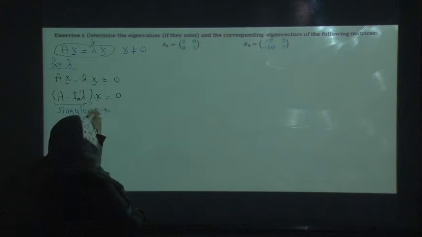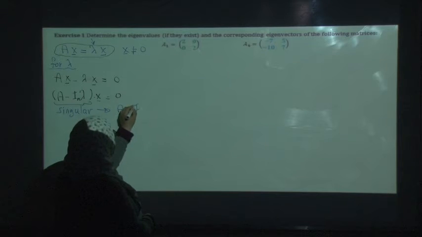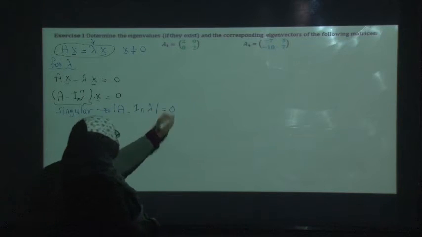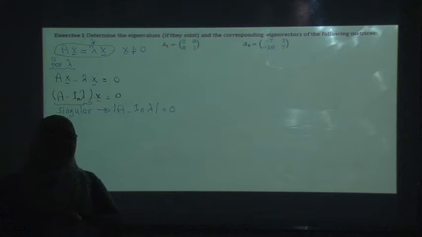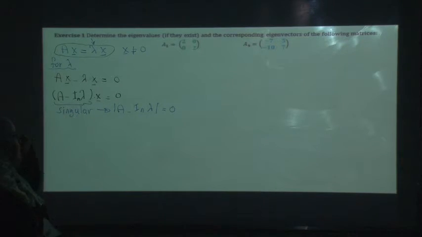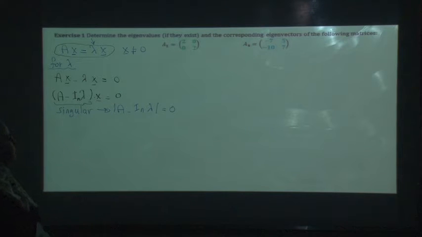If you remember from the last session where we discussed determinants, its determinant is equal to 0. If the determinant of a matrix is equal to 0, we said before that this means it's a singular matrix and it has no inverse. So this relation comes from this equation.